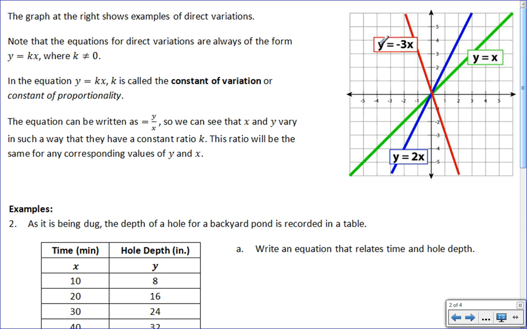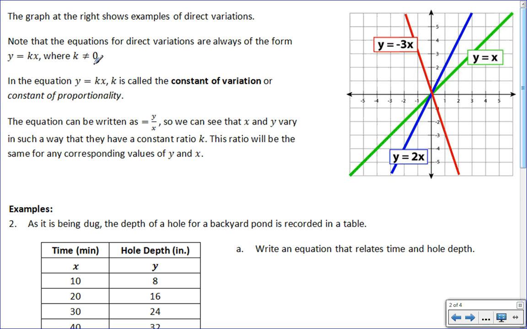So here y equals negative 3x. This one y equals 2x. This one y equals, and we know there's a 1 there even though it's not written, 1x. So this k here will take on various numbers. Everything except for 0 is fine. But that's always what a direct variation equation will look like. y equals some number times x.